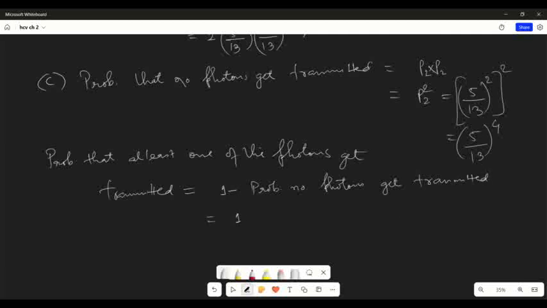So basically this is 1 minus 5 by 13 whole to the power 4, and this will be our answer.